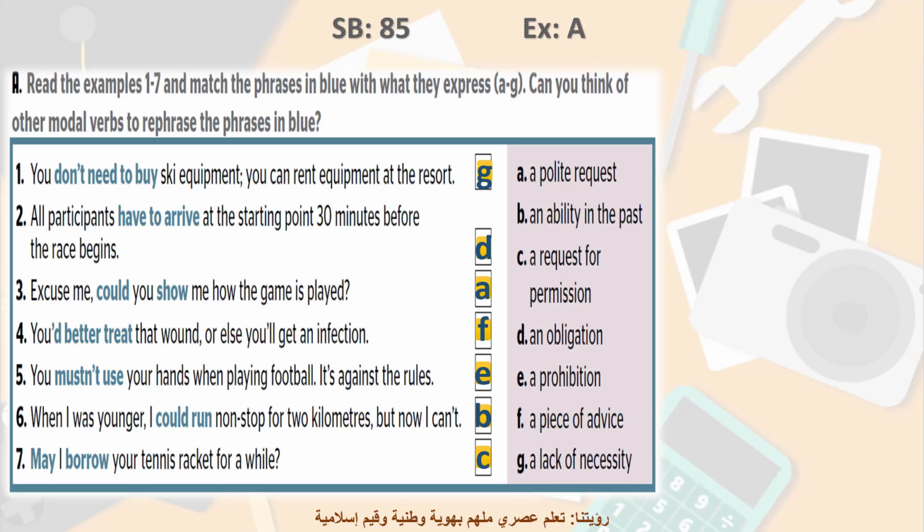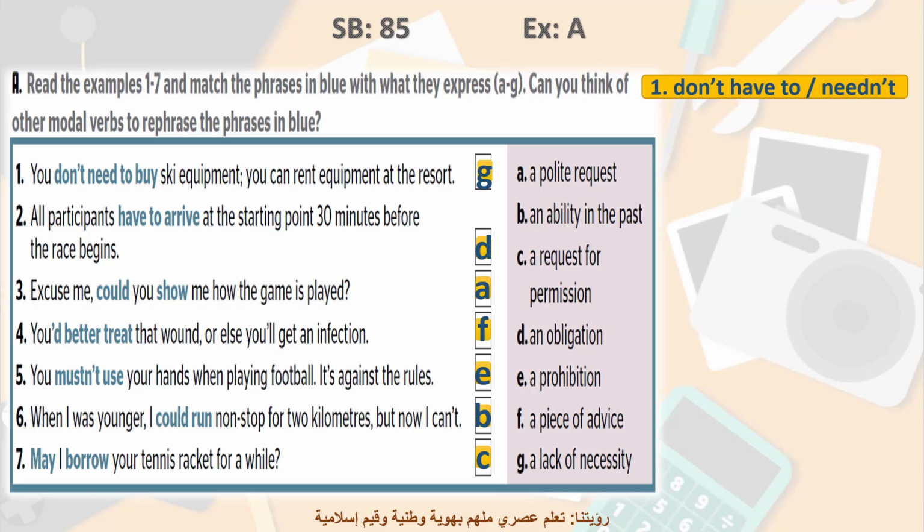And now, here is another answer, which is for the question, can you think of other modal verbs to rephrase the phrases in blue? Yes, for number 1, we can use don't have to, needn't, plus you don't need to buy.